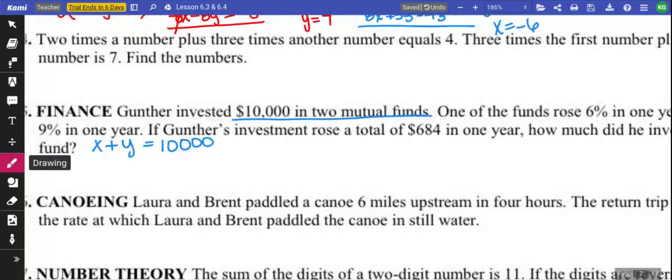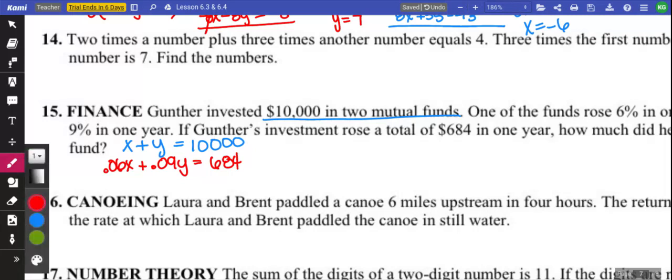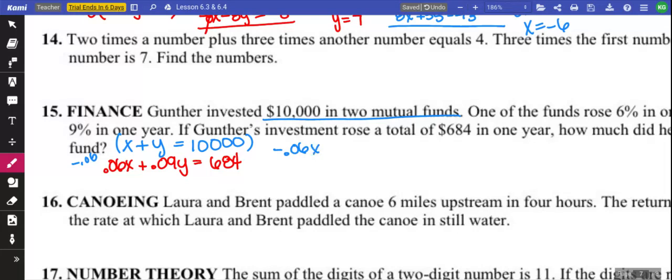The first fund was 6%. We cannot put percents into our calculator, so that is 0.06x. Plus, the second one was 9%, so 0.09y equals $684. I'm going to multiply the top equation by negative 0.06 because I want my x's to be the same coefficient but opposite signs.